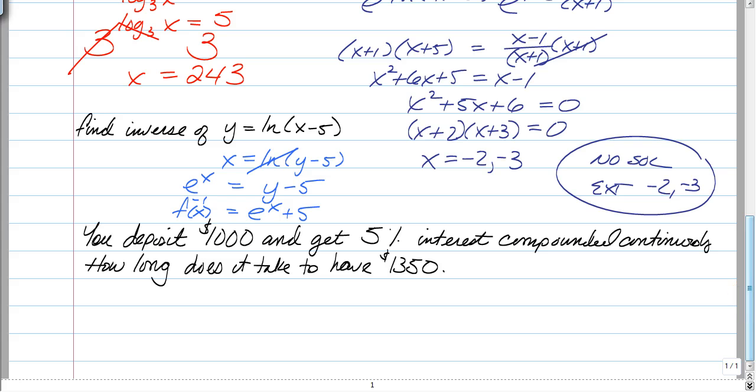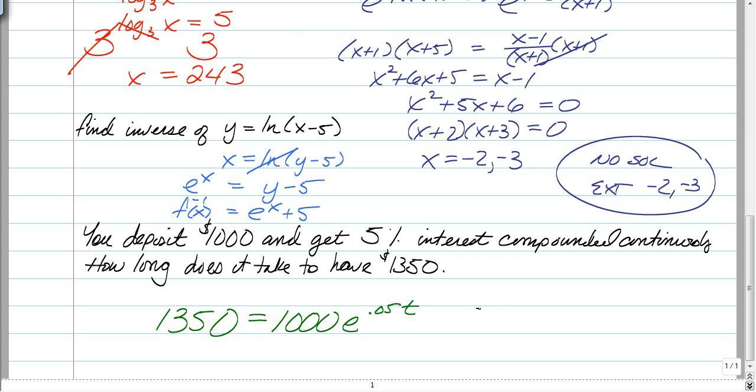Last one is, how long does it take to make $1,000 turn into $1,350 if you're getting a 5% interest rate per year compounded continuously? So for this, you're going to have to use your PERT equation. So remember, that one is the amount of money you have in the account is equal to your original amount of money, e raised to the 0.05 times t.